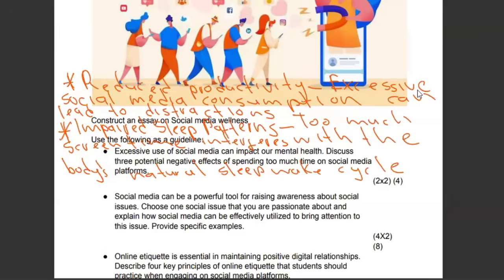If you consume too much social media and expose yourself to the blue light, it actually affects your sleep patterns as well.